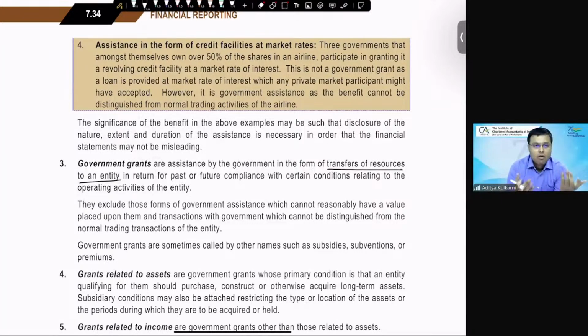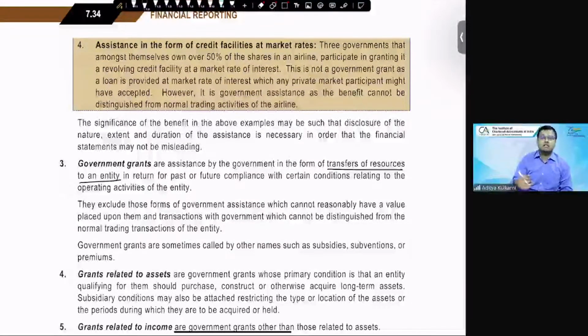The government can also give money if there is a black swan event like COVID-19. For example, if you recollect, when there was the COVID-19 pandemic, the government took upon itself for some months to pay the Provident Fund employers' contribution of certain categories of employees. So this was an example of government grant in the form of transfer of money.